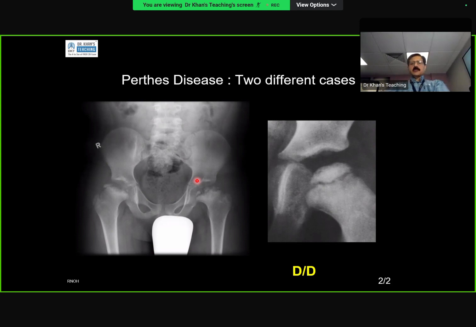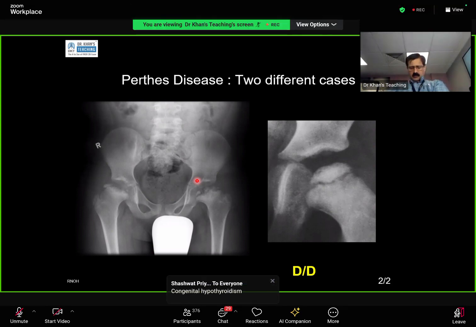Chronic, septic arthritis, or bilateral osteomyelitis.